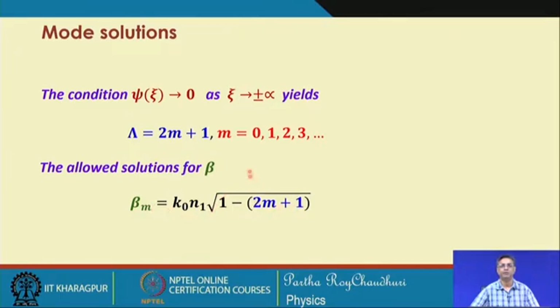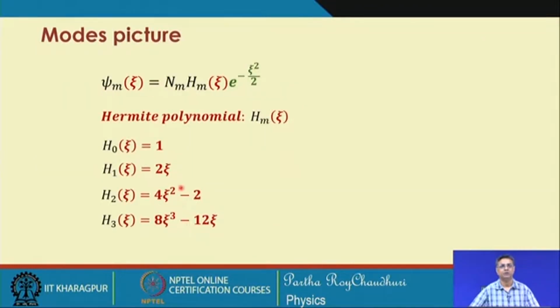So, this m will assume different values of 1, 2, 3 and we will get the various modes propagation constants, m equal to 1, m equal to 2 etcetera. M equal to 0 will be the fundamental mode, and in that case we will put m equal to 0 and so on. Now, we will look at the modes picture, how the modes look like.